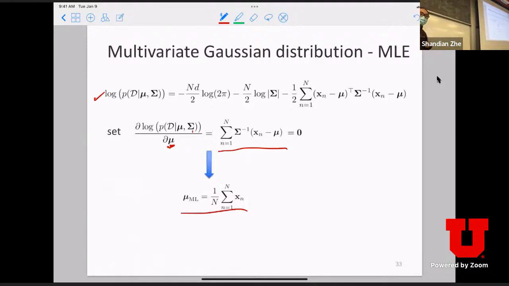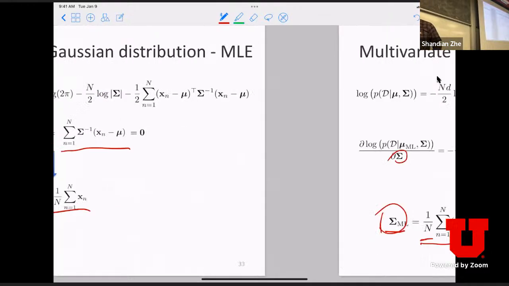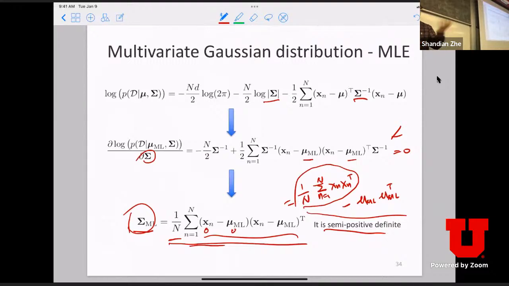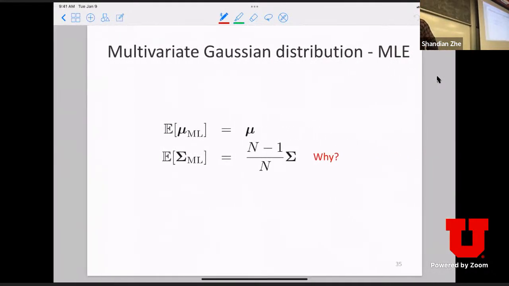The data itself is random, so mu of ML is random. And second, if you look at this, it also depends on data. So you can view both mu and sigma, their MLE estimates, as some function of your observed data. Because these data are random, their function is random as well.